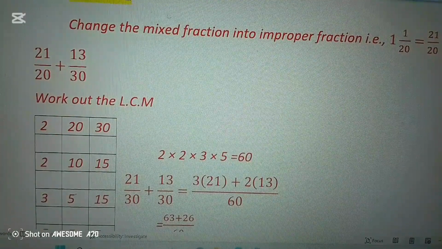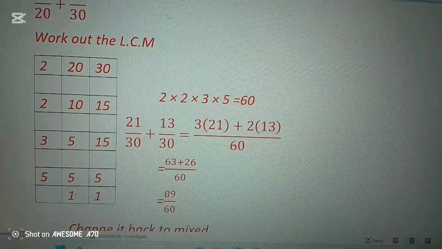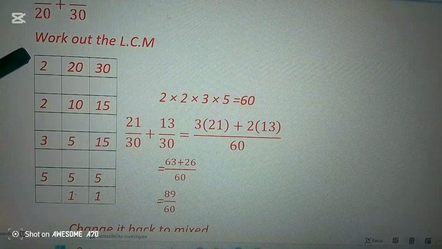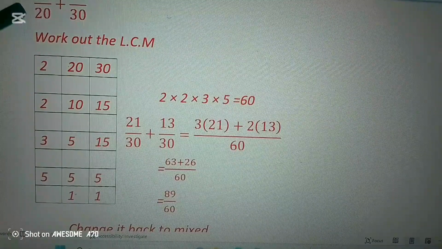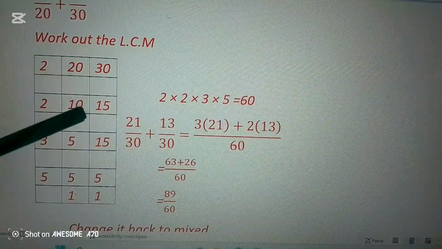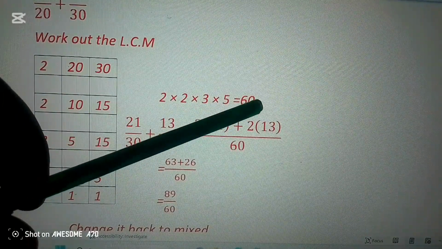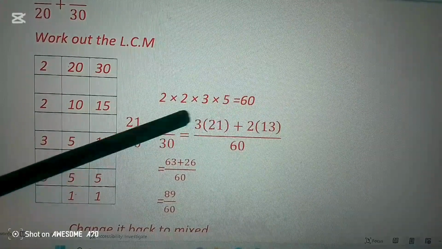I've done it here, and you can do it in your own free time. I've gotten 60 as my LCM.